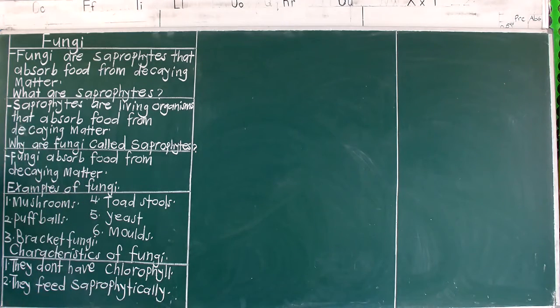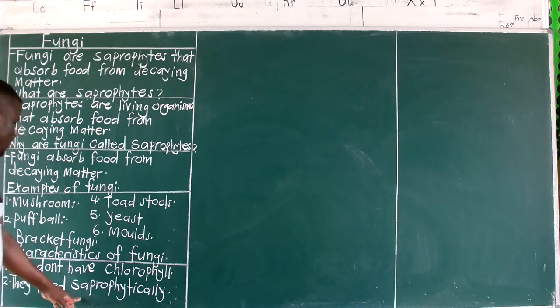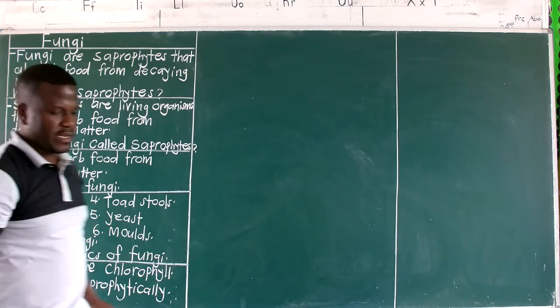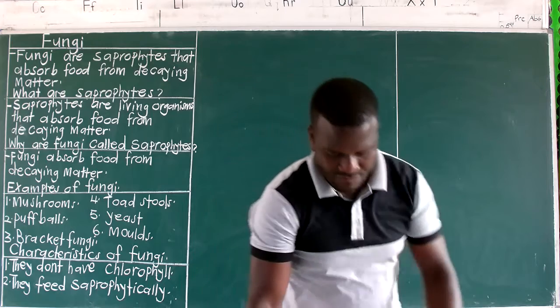When we say they feed saprophytically, it simply means that they absorb food from decaying matter. So those are the 2 characteristics of fungi.